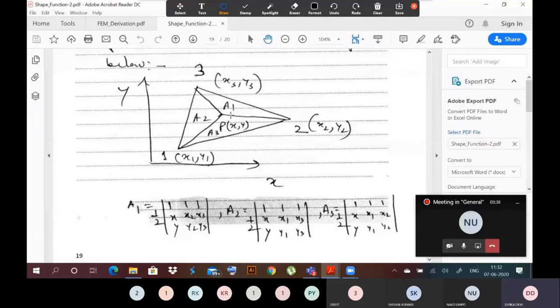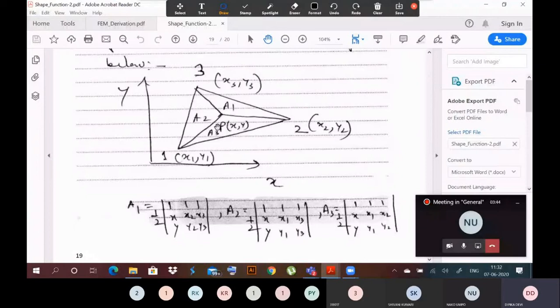Triangle P13 is opposite to node 2, so we name this area A2. Similarly, triangle P12 is opposite to node 3, so we name this triangle A3.